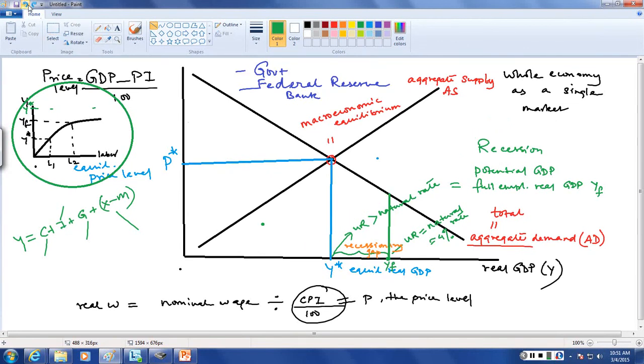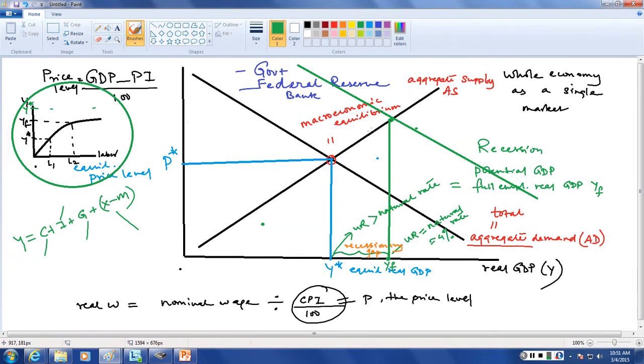I need to shift the demand curve to the right, okay? So if I shift the demand curve to the right like this, wouldn't the economy come back to full employment? Not very well drawn here. I want the intersection to be there, correct?